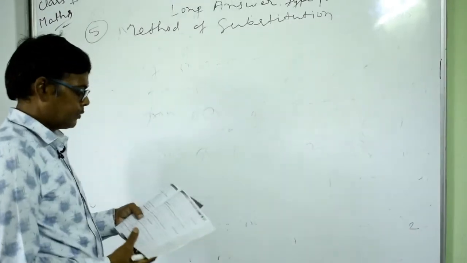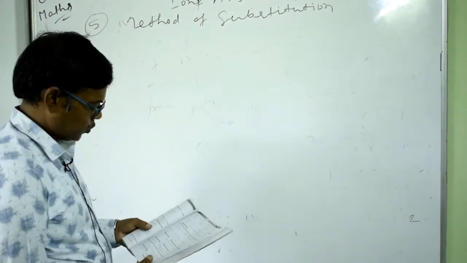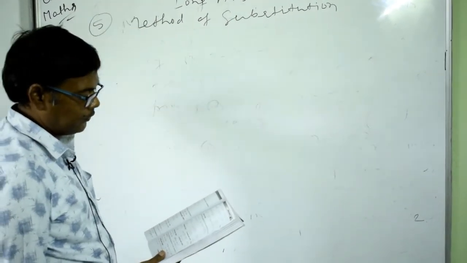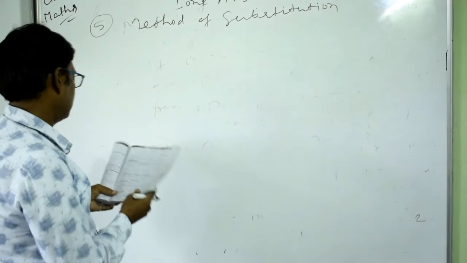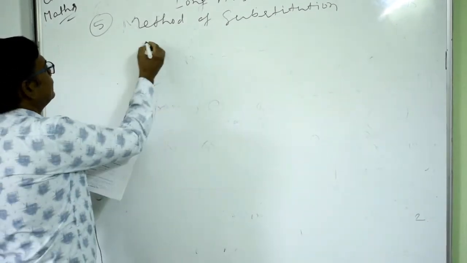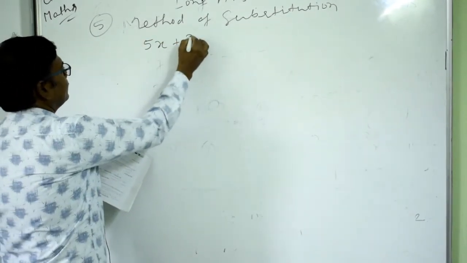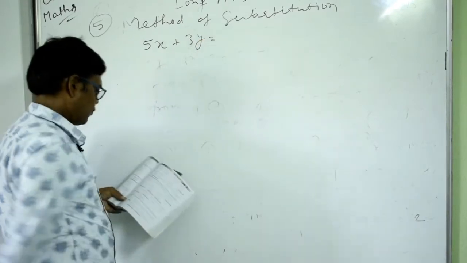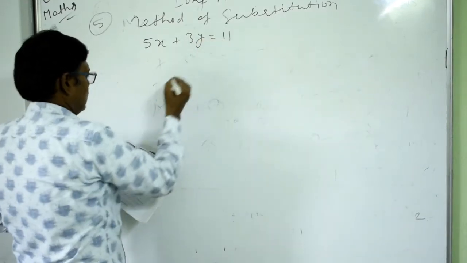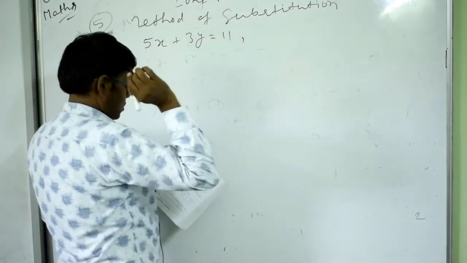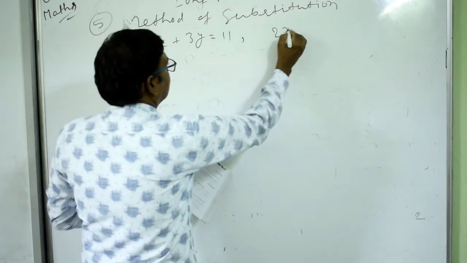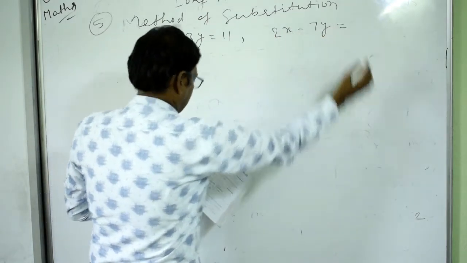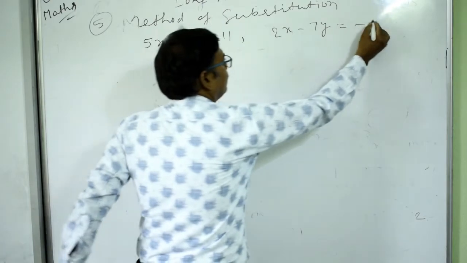Method of substitution. Here is question number 5, and in question number 1 you have 5x plus 3y equal to 11, and another equation is 2x minus 7y equal to minus 12.